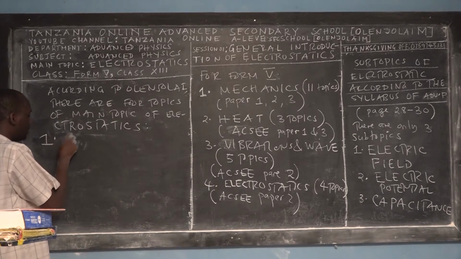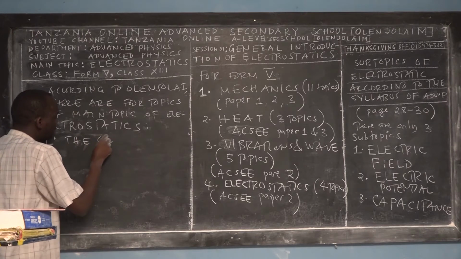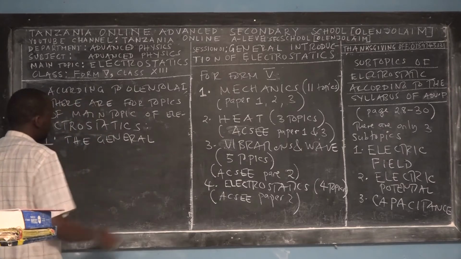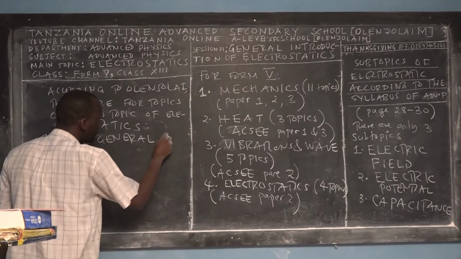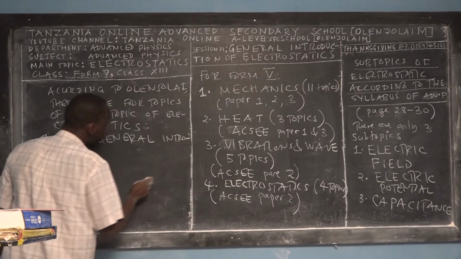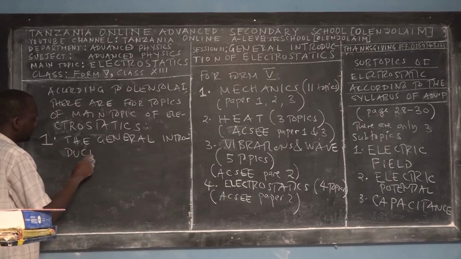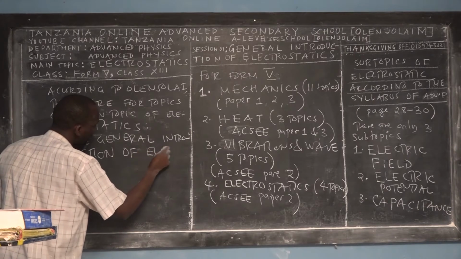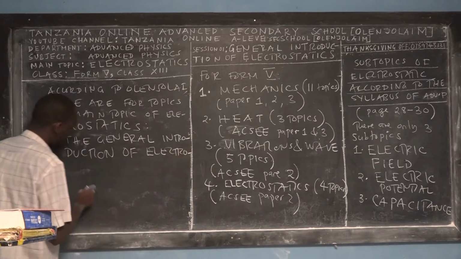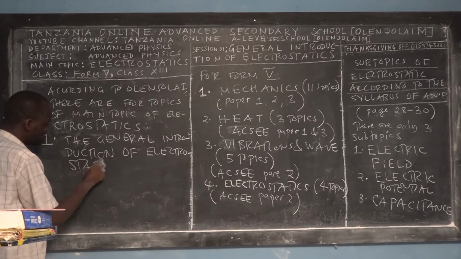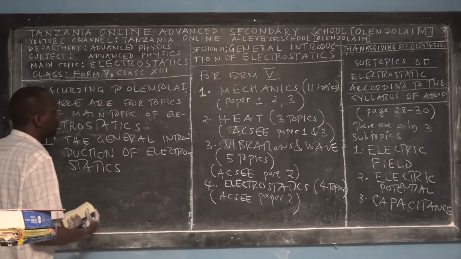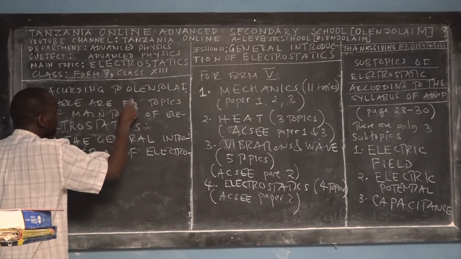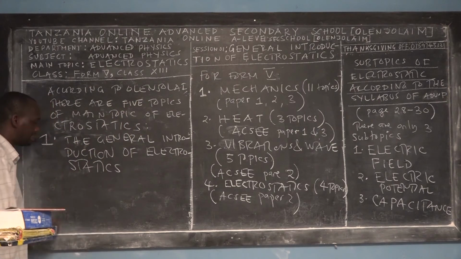The first one, the one that I will add to help you understand the 3 topics, is called the general introduction of electrostatics. Not 4, excuse me, I remembered now, 5. Okay, that's the first one.